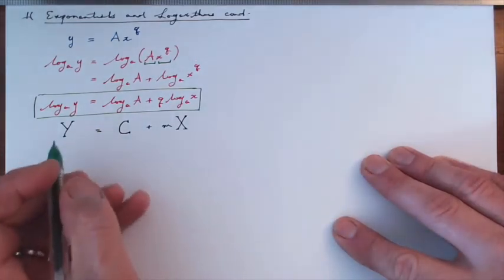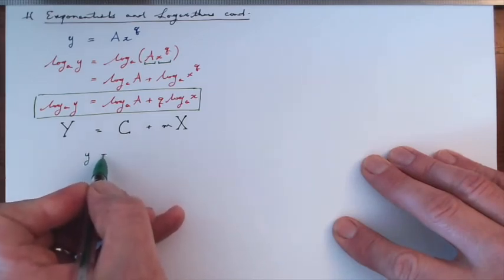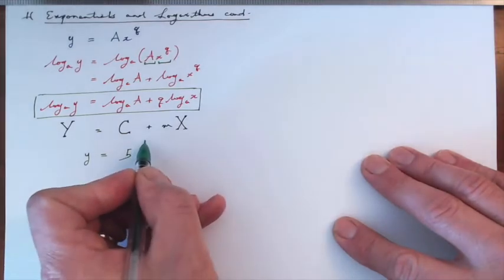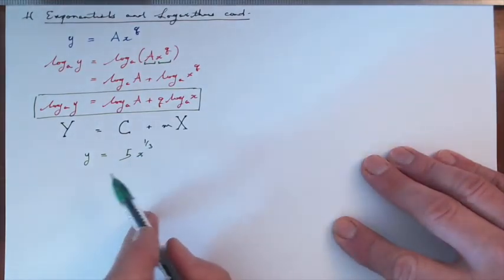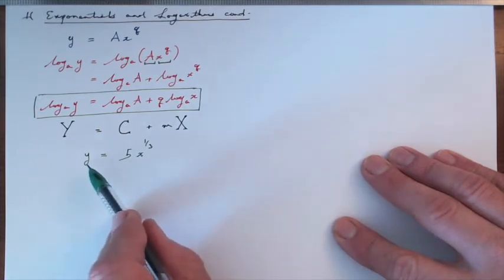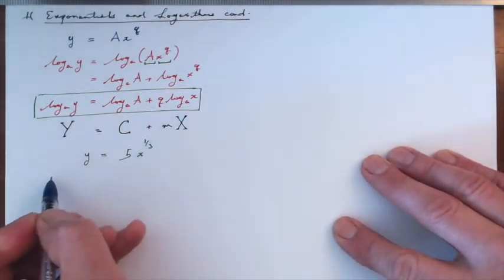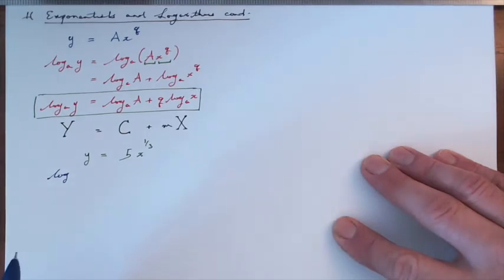So let's say we had something like y equals, let's say, 5x to the power of 1/3, okay? Which, if I were to plot that function, would have this kind of shape, some very nonlinear function. But if I just follow this formula here, if I just take the logarithm, I should probably choose a base to be specific here.